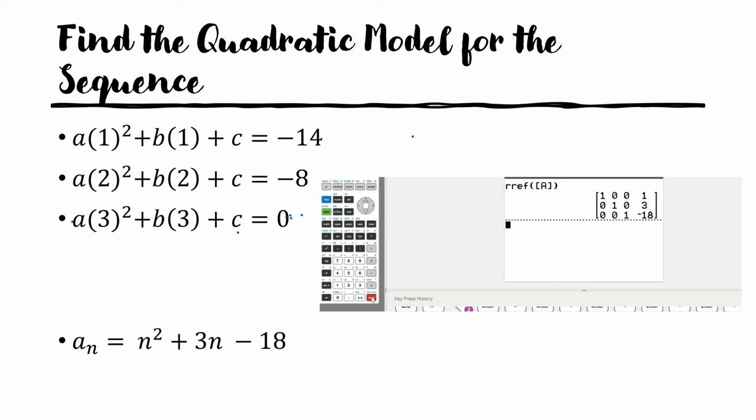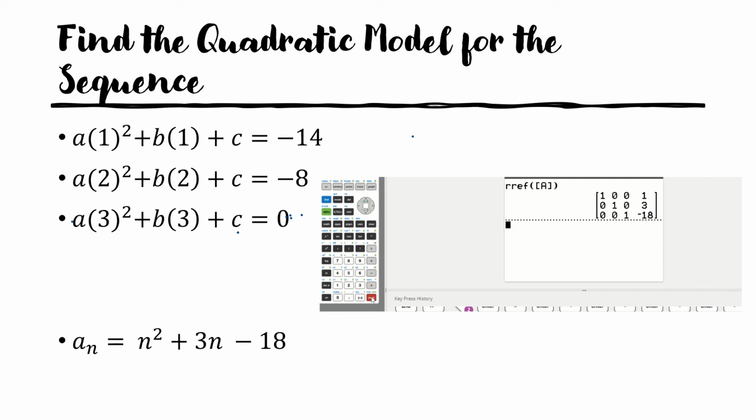And as I build that, my first row gives me just 1n squared. My second row, I'm going to use that 3 for plus 3n. And then my third row, I'm using the negative 18. And my quadratic model is a sub n, as you see there on the left at the bottom, equals n squared plus 3n minus 18.